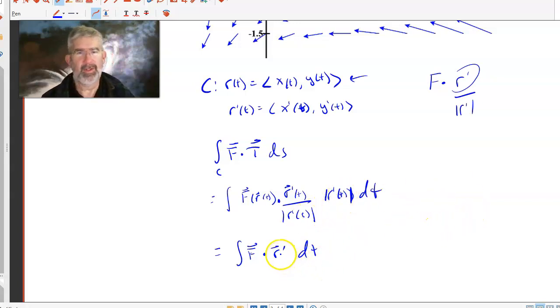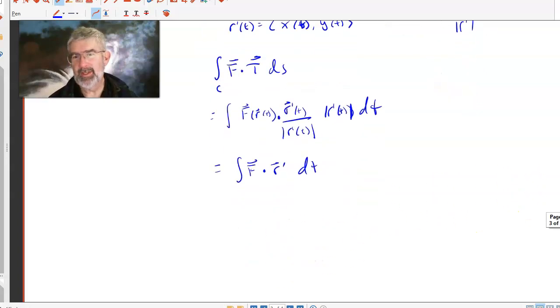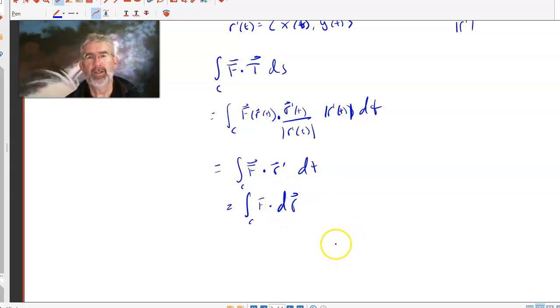Now, r prime of t dt is quite often just written as dr. So this is the integral over c of f dotted with dr, with that being a vector r.